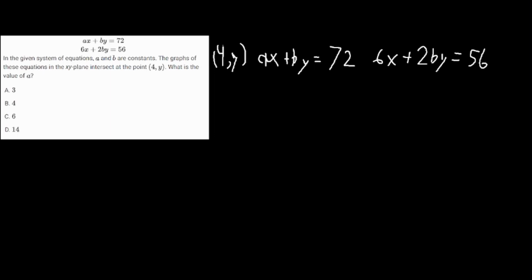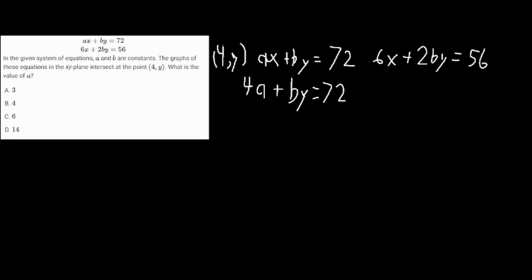So the way that I would first approach this is plugging in our point to both equations. So when x is 4, so that's 4a plus by, the y is the same, so it's still by. That is equal to 72.